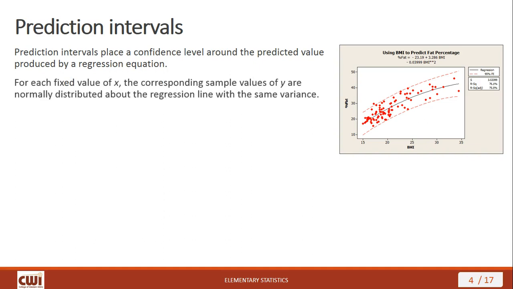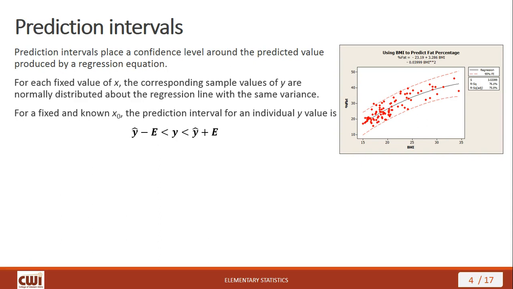So for each fixed value of x, there's a corresponding value of y. And we're going to assume that they're normally distributed about the regression line with the same variance. So if we have a fixed and known value of x naught, then the prediction interval for that associated y value is going to be given by this general form.